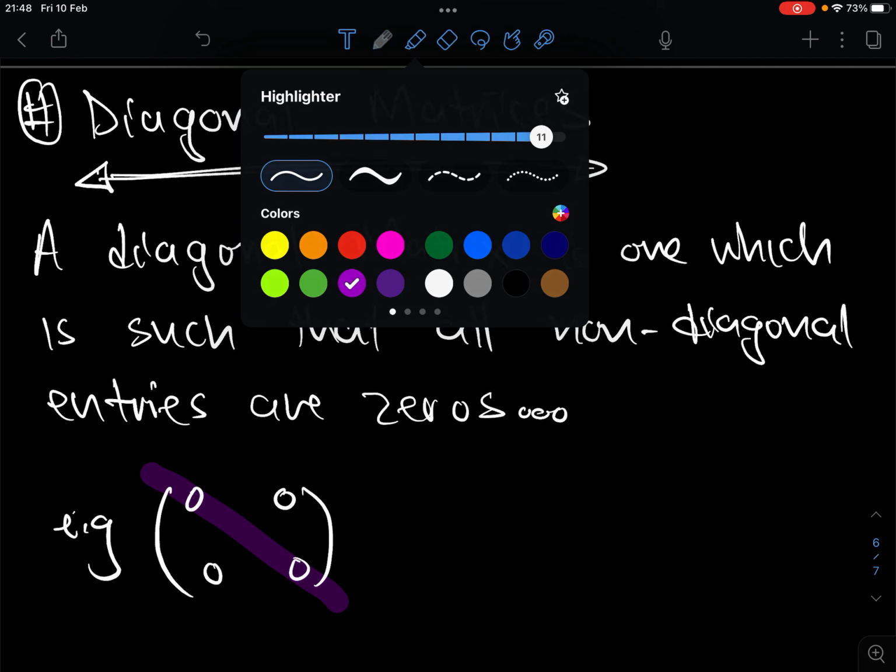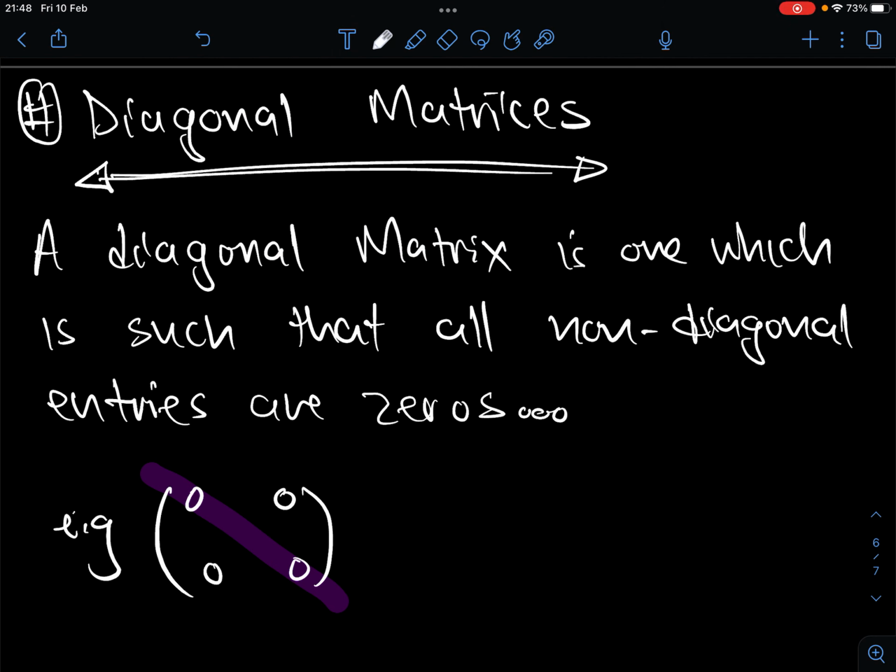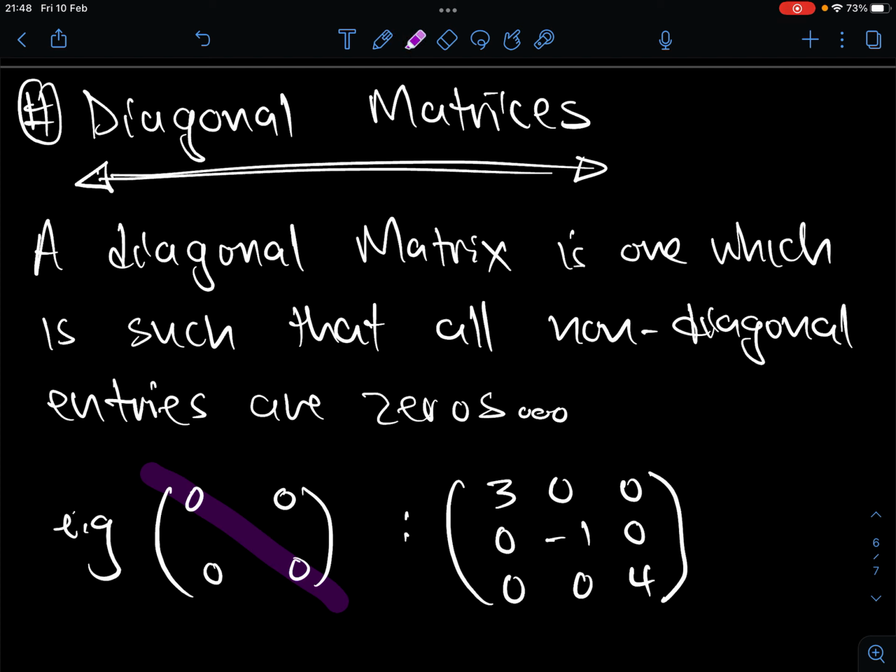Another example would be 3, minus 1, 4, and everywhere else 0. That's also a diagonal matrix, because everything not on the diagonal is 0. Once all non-diagonal elements are zeros, we refer to that as a diagonal matrix.